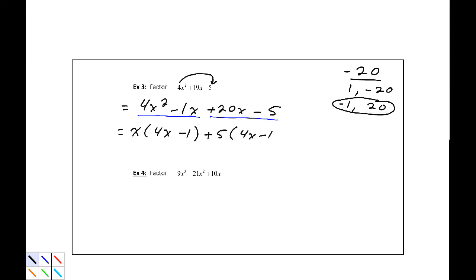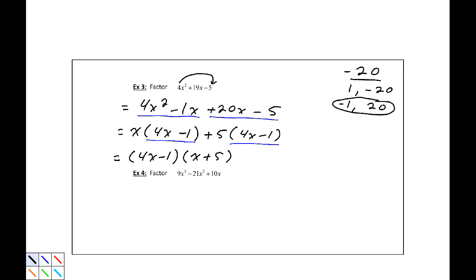When I divide by that, I have a common binomial factor of 4x minus 1. So this results in parentheses 4x minus 1 and the GCFs that I factored out earlier, x plus 5. So that 4x squared plus 19x minus 5 factors altogether as 4x minus 1 multiplied by the quantity x plus 5.